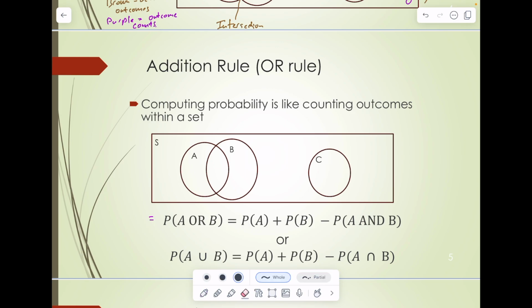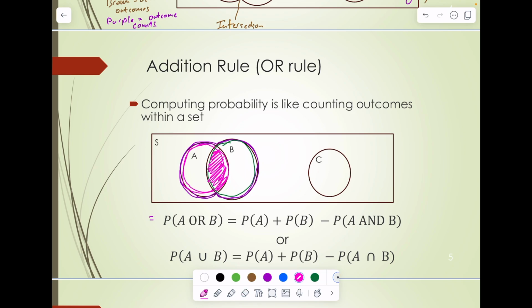So if I wanted to find the probability of A or B, so this shape here in the purple, if I wanted to find that probability, well, what I can do is I can find the probability of it being an A. Okay, so all of these outcomes together with all of these outcomes, but notice there is an overlap right here.